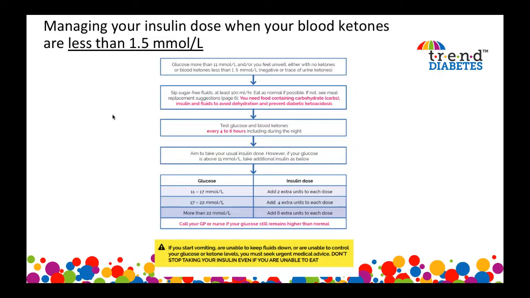Now, I just want to talk a minute about the fact that we've said glucose is more than 11, because you will see in other organisations' sick day rules that that number varies. Some would say 12. The Joint British Diabetes Society says if it's more than 12. The Primary Care Diabetes Society, I think, says more than 13.